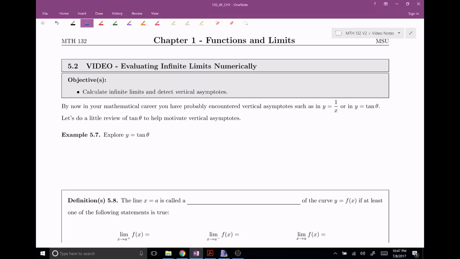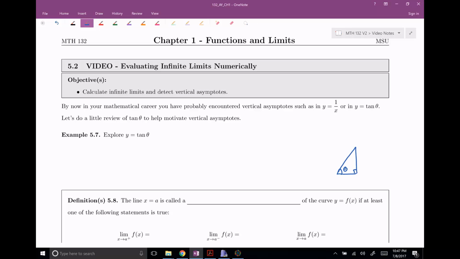So, okay, explore y equals tangent of theta. This isn't a lot of information here, of course, but we can go ahead and maybe draw. The first time we probably saw a tangent was in some sort of triangle, right? Probably the first time you saw these were in right triangles. So I'm going to draw a nice right triangle. You have some angle theta here.